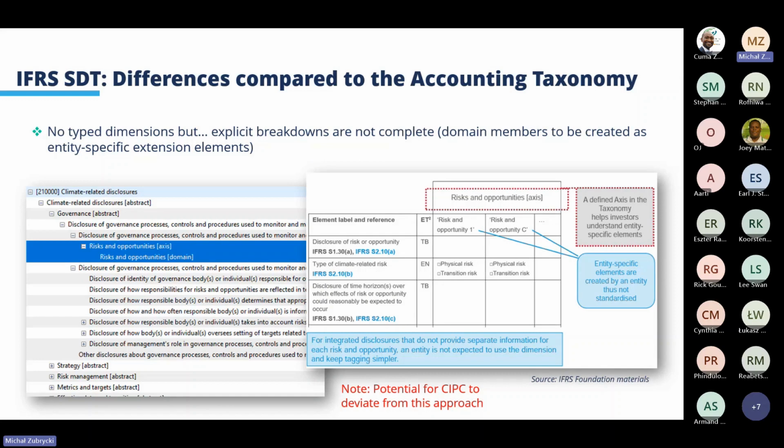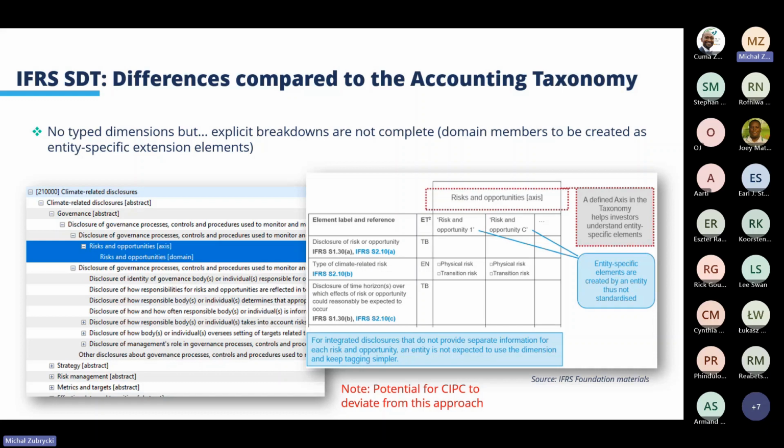Now, this can be viewed from various perspectives as a more complex operation for certain filers, especially in the jurisdictions that are not allowing for extending the core taxonomy, and CIPC is actually one of these jurisdictions that so far was not allowing for extensibility of the CIPC taxonomy.